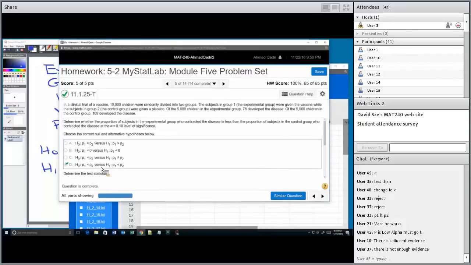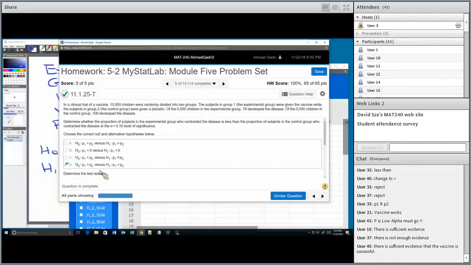There is sufficient evidence to reject the null hypothesis. Very good. That is what I was looking for. Sandra's explanation is what I was looking for. Since we are rejecting the null hypothesis, we have evidence that P1 is less than P2.